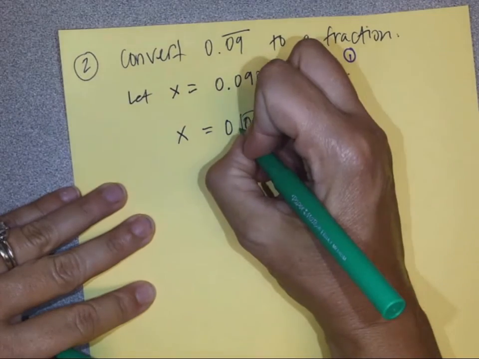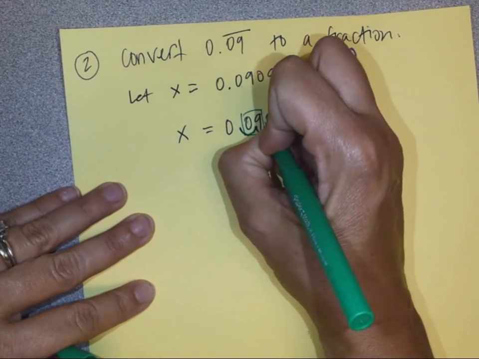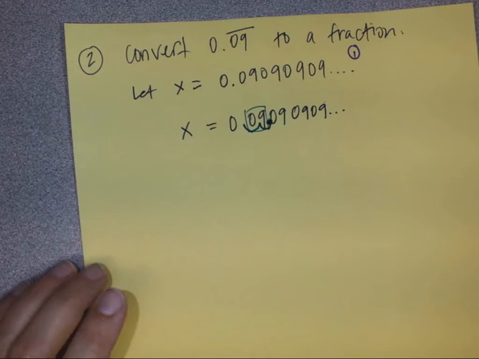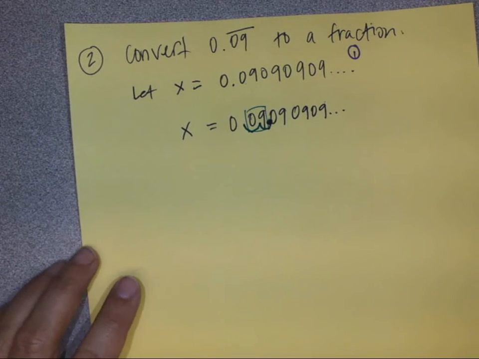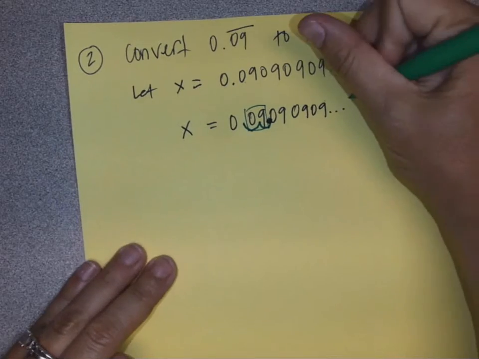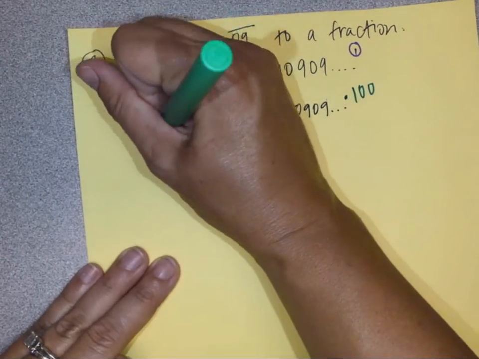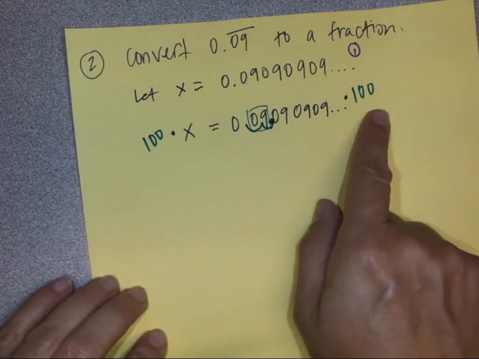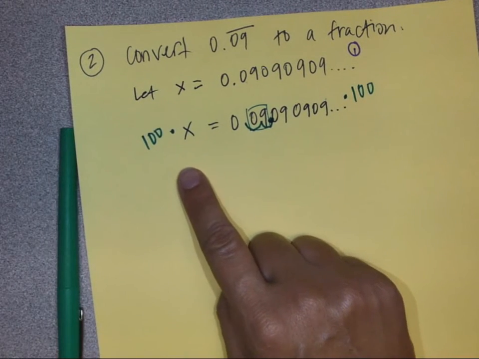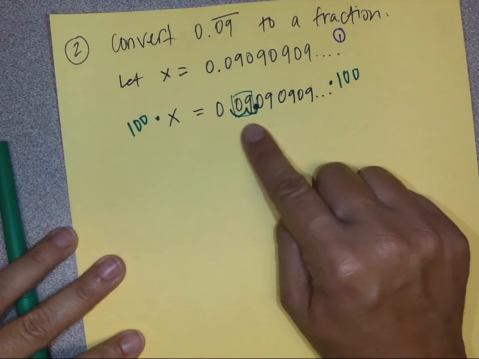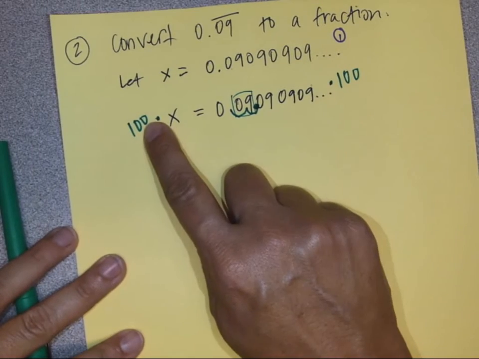So that tells me I need to move my decimal 2 times to the right. The way you move your decimal 2 times to the right is by multiplying by 100 instead of 10. So I need to multiply by 100 this time. And if you're not sure what number to put there, the shortcut way to know is the number of times you move it is the number of zeros you need to have. I needed to move it 2 times, so I have 2 zeros.